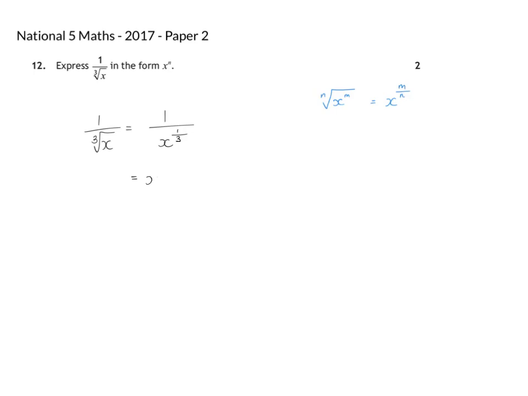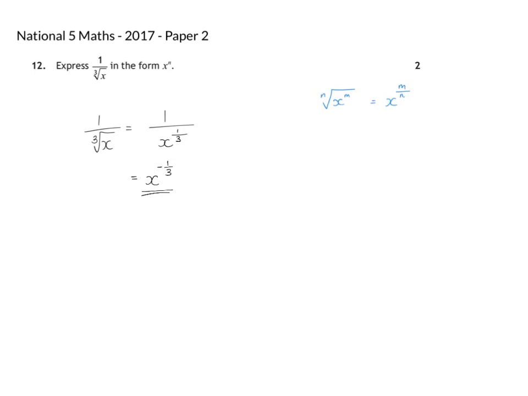When we're swapping things from being numerator to denominator, we swap from positive to negative, so we end up with x to the power of negative 1/3.